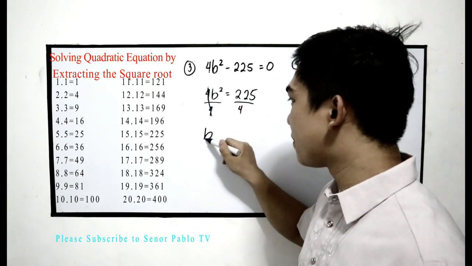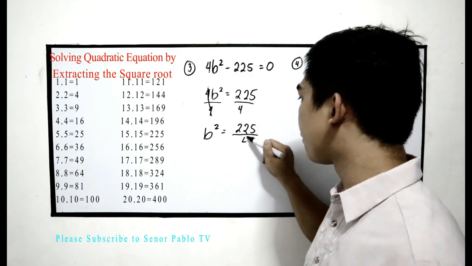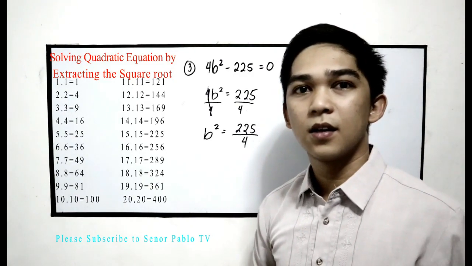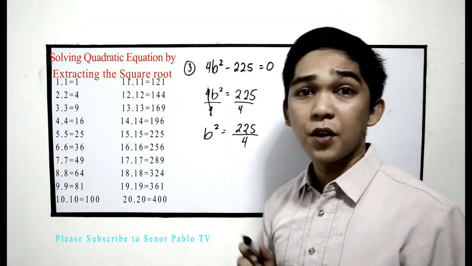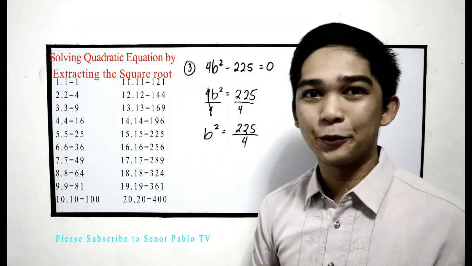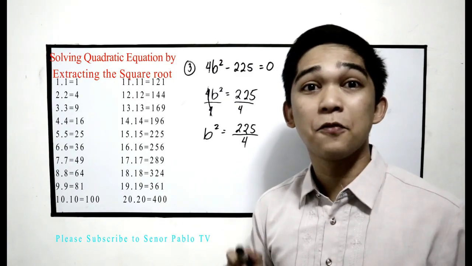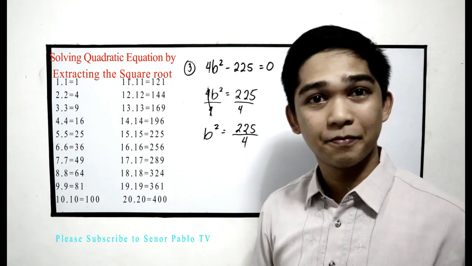The remaining will be b squared is equal to 225 over 4. 225 divided by 4, is it divisible? No. But notice that 225 and 4 are perfect square numbers.